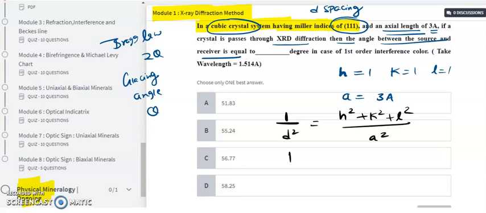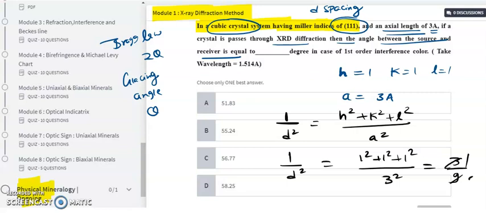If you put the values here, it will become 1 by d square equals 1 square plus 1 square plus 1 square divided by 3 square. So it will come out to be 3 by 9. If we solve it, it will become 1 by 3, and the value of d will come out to be square root of 3. So we got our d value.